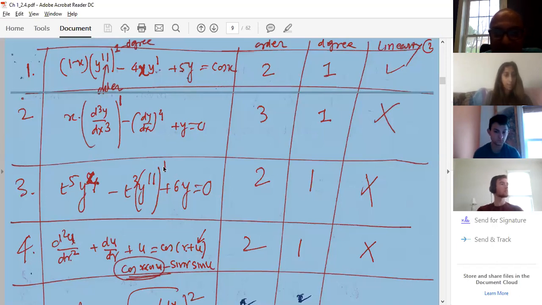Correct. Linearity. And the y is raised to the power of 4, so it's not linear. Correct. You got it. Here y to the power 1, here y double dash to the power 1, but here y raised to the power 4. That creates the non-linearity. Yeah, I think it was just confusing with the t because I was used to the x, but yeah, that makes sense.